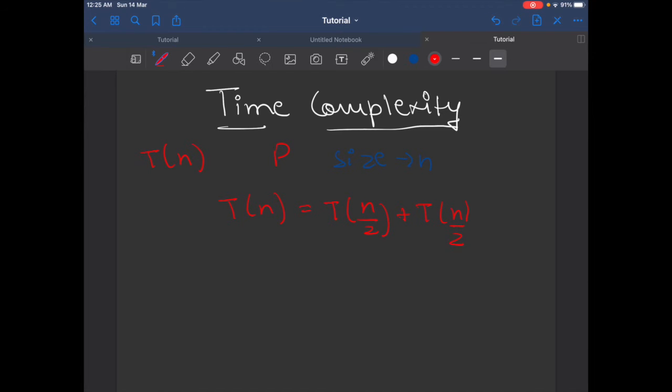This is the case where the problem is split into two parts and an additional function will be added. This will be the time taken to combine. This can be written as 2T of n by 2 plus f of n.